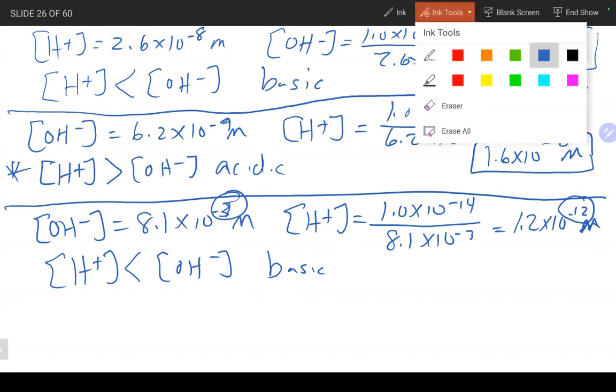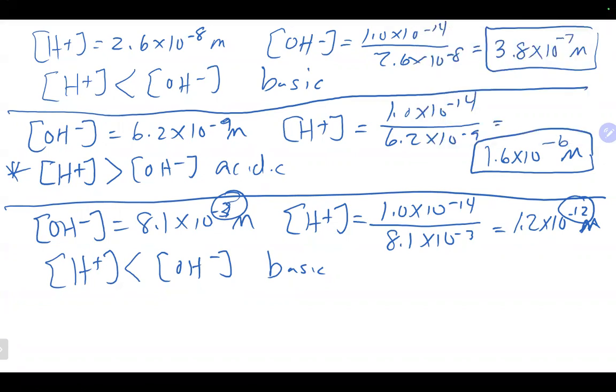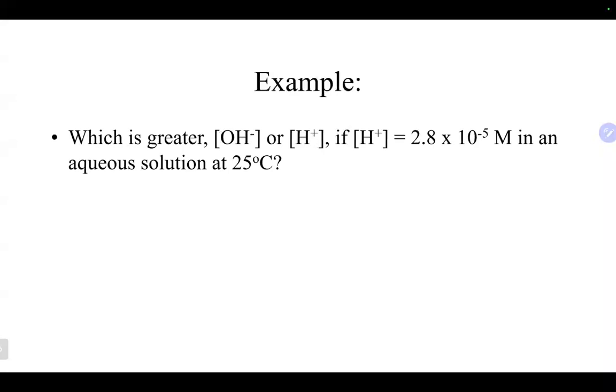All right, let's try our calculator a little bit more here. Let's just calculate this, forget about which is greater. Just calculate the OH minus, and is it acidic, basic, or neutral here?